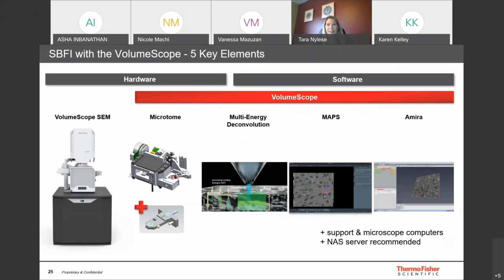And then we have various other hardware and software components that all tie together to do the 3D collection so that it's easy to use, so that any SEM operator who's familiar with data collection can simply set up your region of interest, define your parameters, and do the collection.